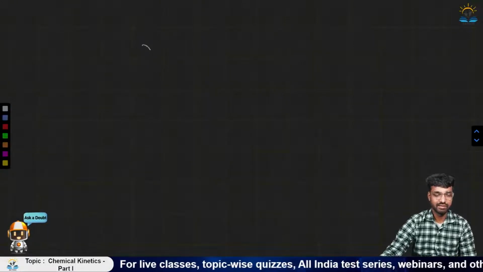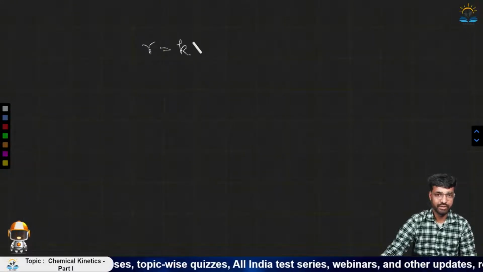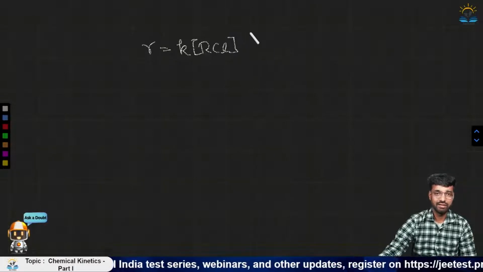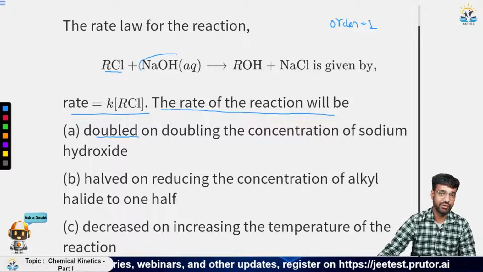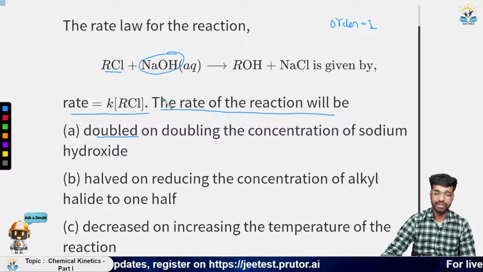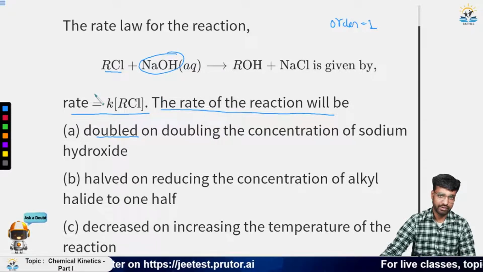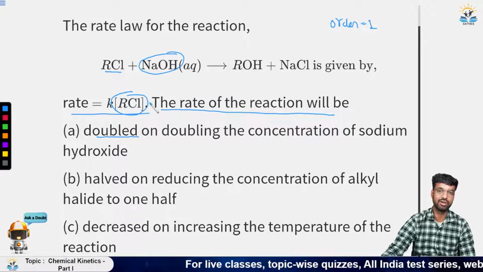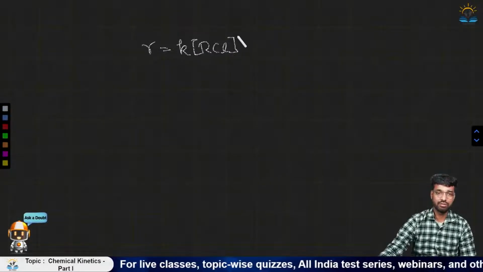It is given that R is equal to k[RCl]. This is the rate law that is given, and it is independent of this NaOH, because this NaOH is not included in the rate law. So this reaction is independent of the concentration of the sodium hydroxide. It is only dependent on the concentration of this alkyl chloride, and that is also to the power 1.